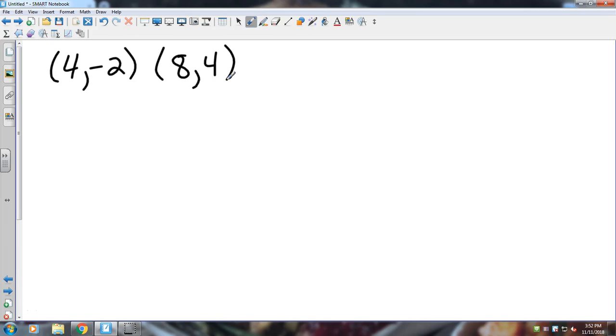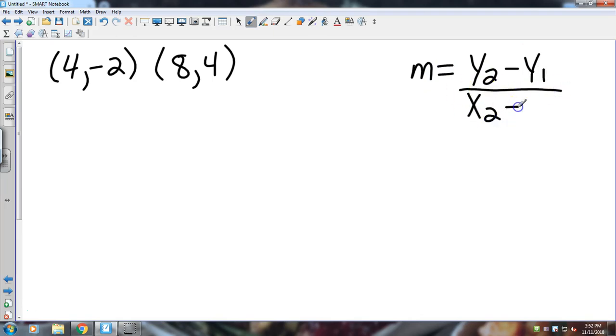Remember that our slope formula, I'm going to write it to the right side of the screen over here, is difference of y's, so y2 minus y1, over difference of x's. And this comes from the last chapter, so keep that in mind. The y value of our second coordinate is 4.